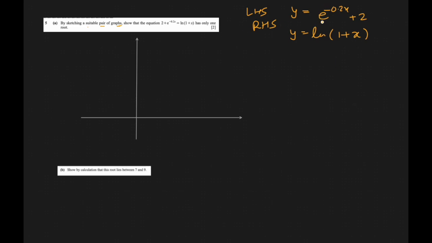So e to the power x first. What is the graph of e to the power x? Simple, this way, which passes through 1. Okay. Now we have 0.2 in front of it. 0.2 means it is horizontally stretched by 5 times. That means this graph will become little stretched. Okay. Now there is a minus.